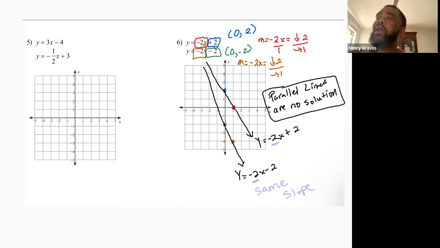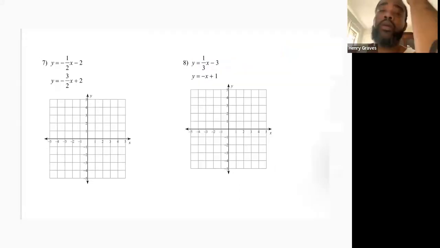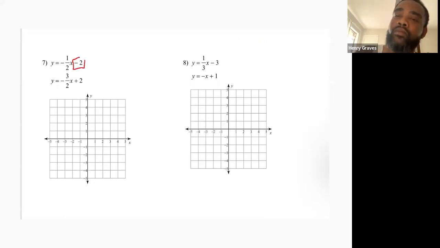On this last one, I'm going to do number 7, and then I'll call it a day. So number 7 here, I start off with the y-intercept. I'm going to have 0, comma negative 2. Then negative 1/2 x.